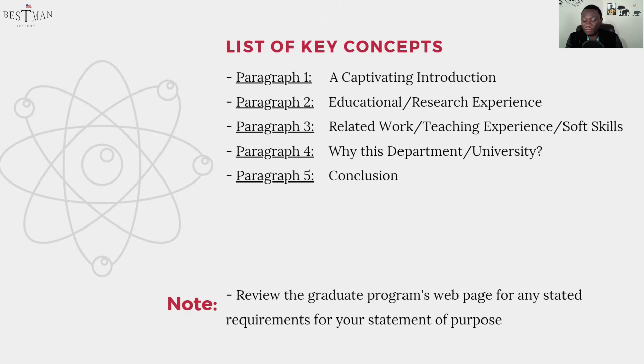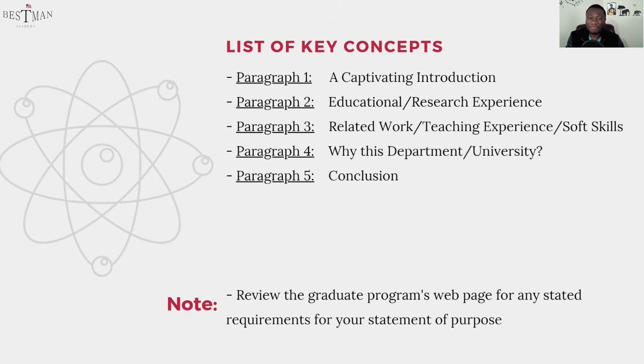Then paragraph 4 is where you will actually show the university in detail how well you fit with this particular department, the kind of research you've done, and your knowledge about this university.